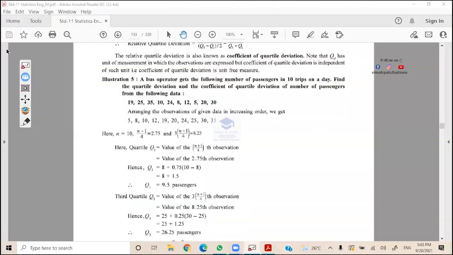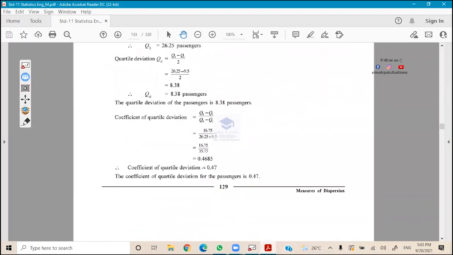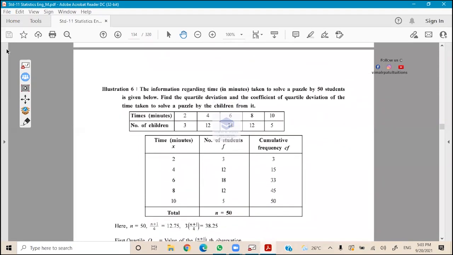Now we'll take an example of discrete frequency distribution. Illustration 6. The information regarding time in minutes taken to solve a puzzle by 50 students is given below. Find the quartile deviation and coefficient of quartile deviation. X and F: time and the number of children.